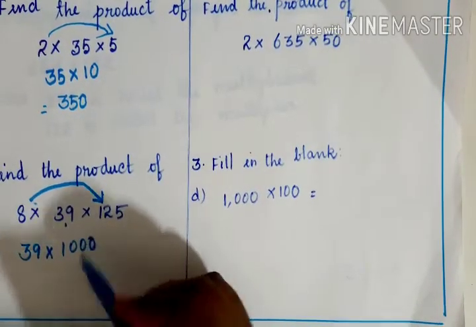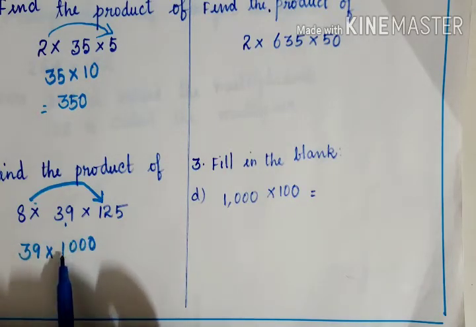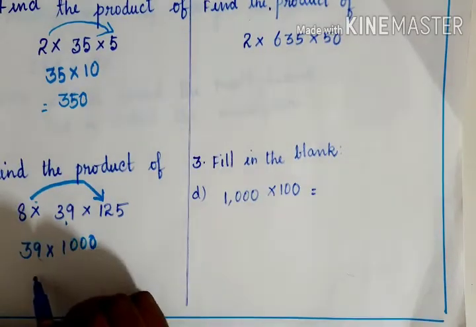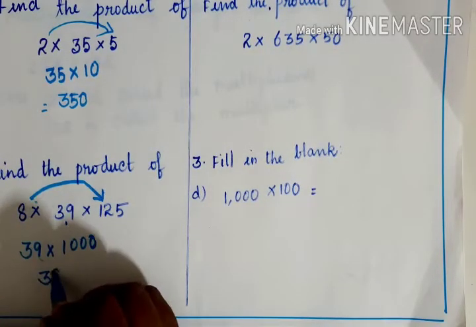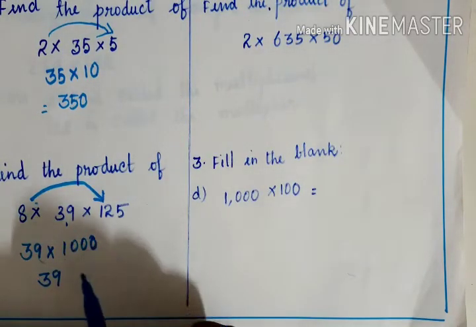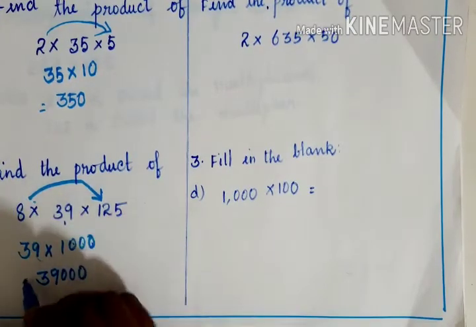Is it clear? Same rule we studied before. First you ignore all the zeros and multiply this number with 1. So 39 into 1 is 39. And you can add these zeros: 1, 2, 3. This is the answer.